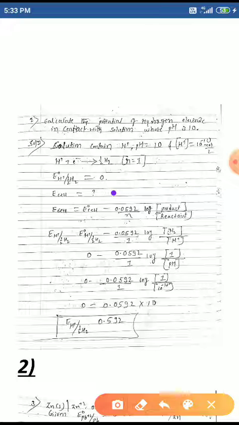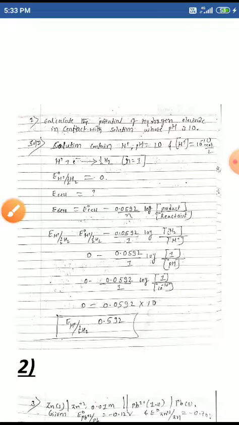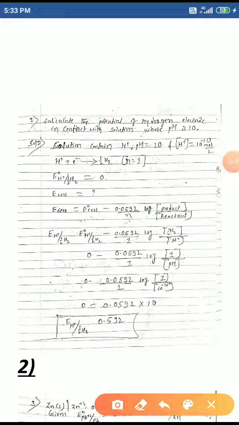E cell is equal to E naught cell minus 0.0592 by n log product by reactant. The number of electrons transferred here is 1 electron, so that's why we write here 1.